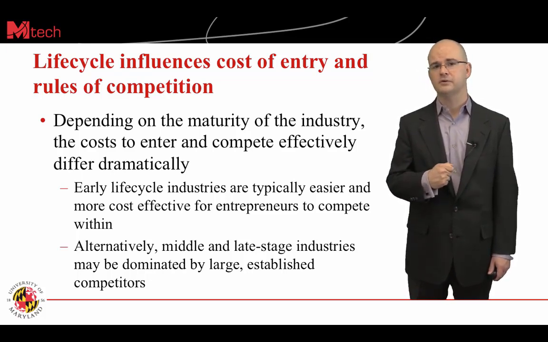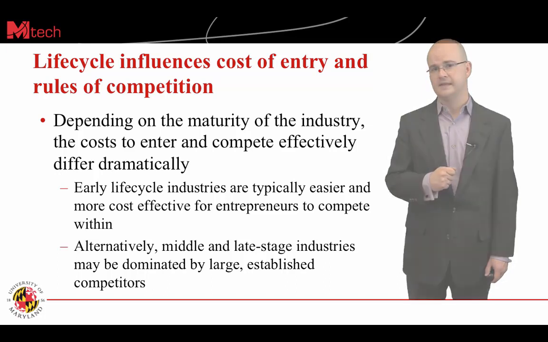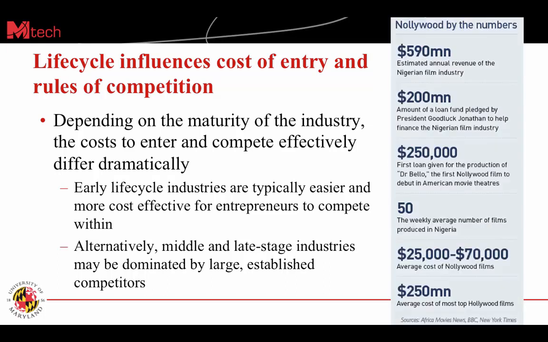So we want to favor being an early entrant and participating in the benefits of being at the front of that life cycle. What that means in context, when you look at a few of the metrics for Nollywood, is the estimated annual revenues of the Nigerian film industry is $590 million.